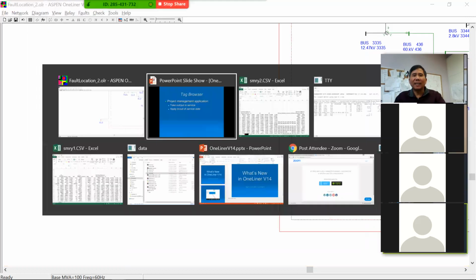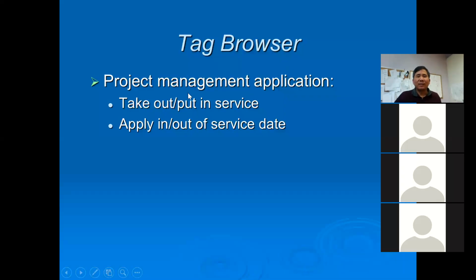We see that as a tool that you can apply for different purposes, and one of those could be project management. You tag everything with the project name and also the on and off keyword, and then in the tag browser they will be listed together, and you can take everything offline and put everything online. So you can put the project in service that way.